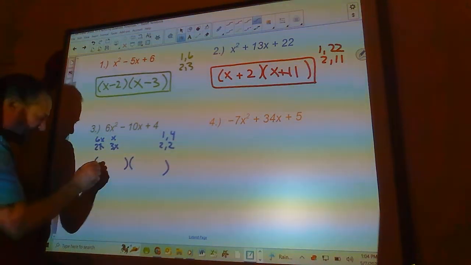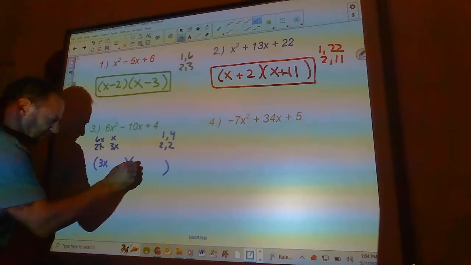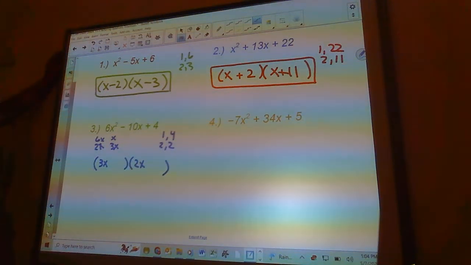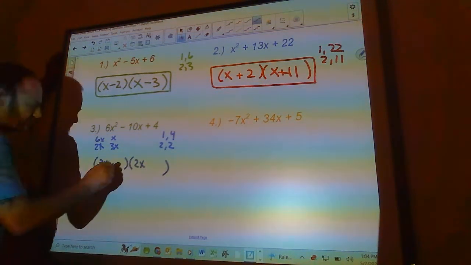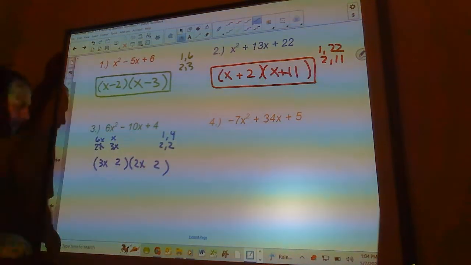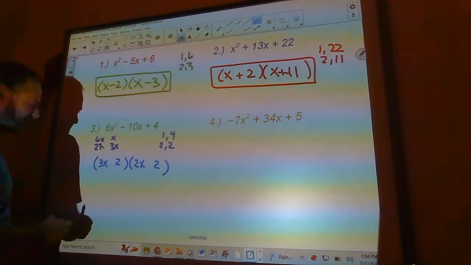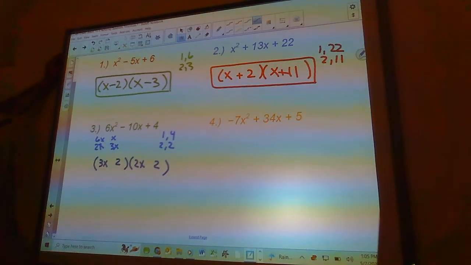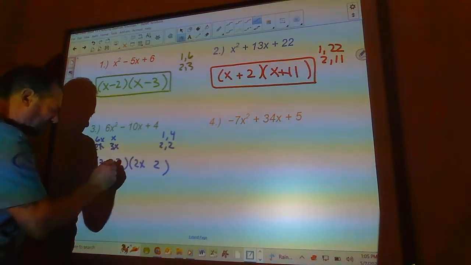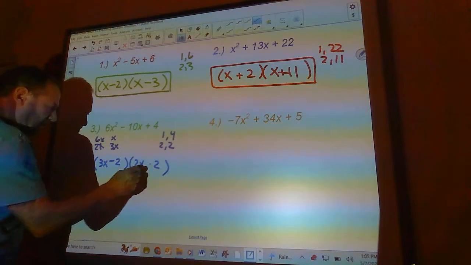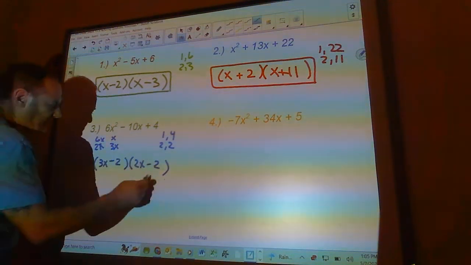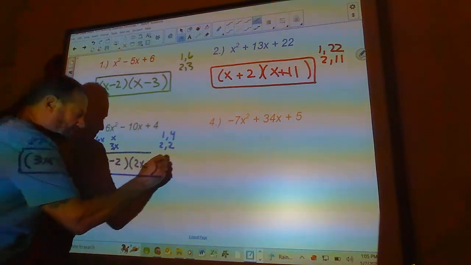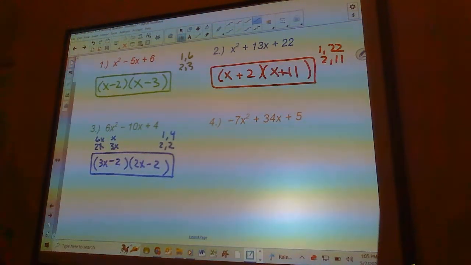So let's start with 3x and 2x, and let's start with 2 and 2. Can I make 10 from that? So I get 6 and I get 4. Yeah, I can do that. I can make them both negative. So that gives me negative 4 and negative 6, and that gives me a positive. Wow, that one worked out pretty simply.